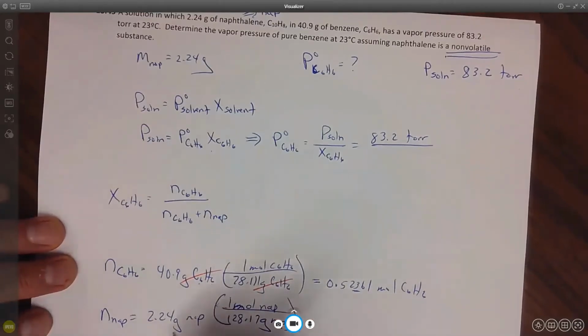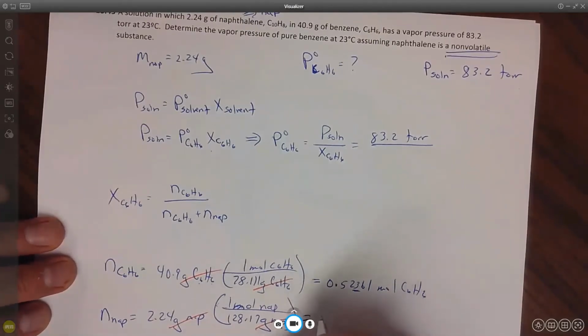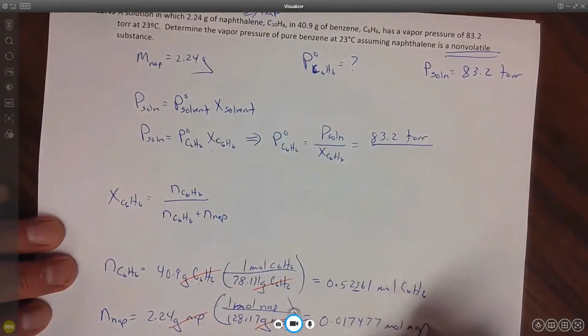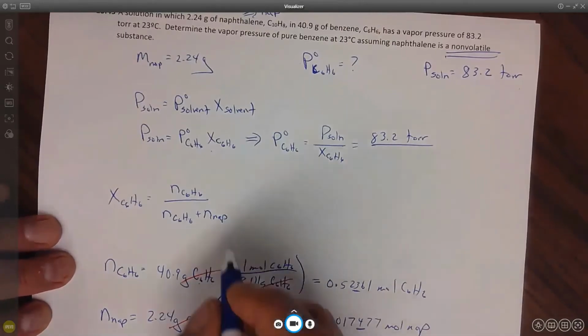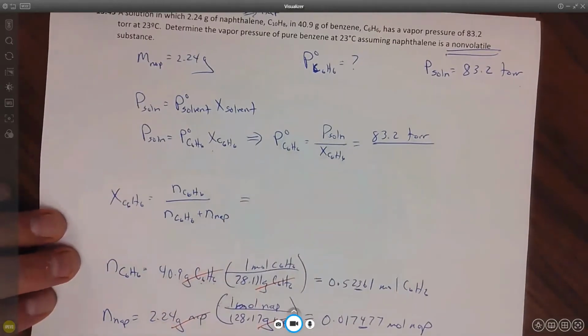The grams of naphthalene cancel, and that would give you then 0.017477 moles of naphthalene, 3 sig figs.